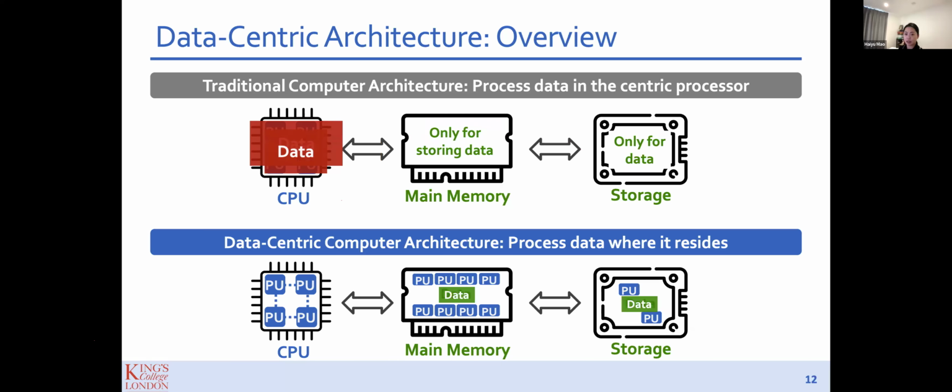Then, if there's a need, we can compute the rest in the CPU, right? But as you can see, compared to the traditional one, the amount of data that needs to be processed by the CPU is already a very small amount, and it can be easily transferred through the off-chip links. So this is the high-level comparison of the data-centric architectures and the traditional computer architecture.